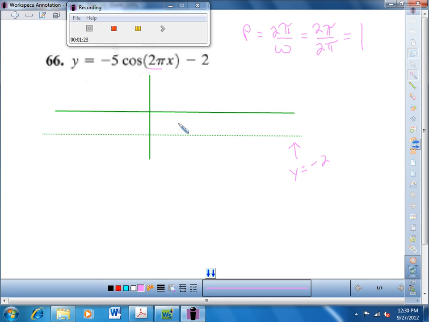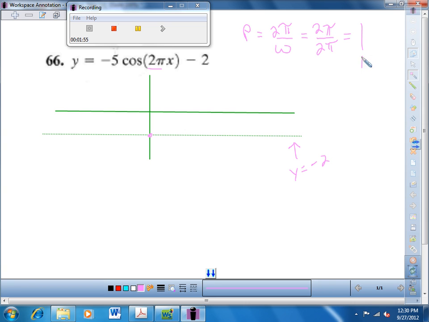And then cosine starts, so you pretend that it's starting up here, except instead of starting up here, it's starting down here. Cosine usually starts at the top and goes down to the bottom, but because I have a negative cosine, it's going to start below this line and then head up and then down. You understand that?